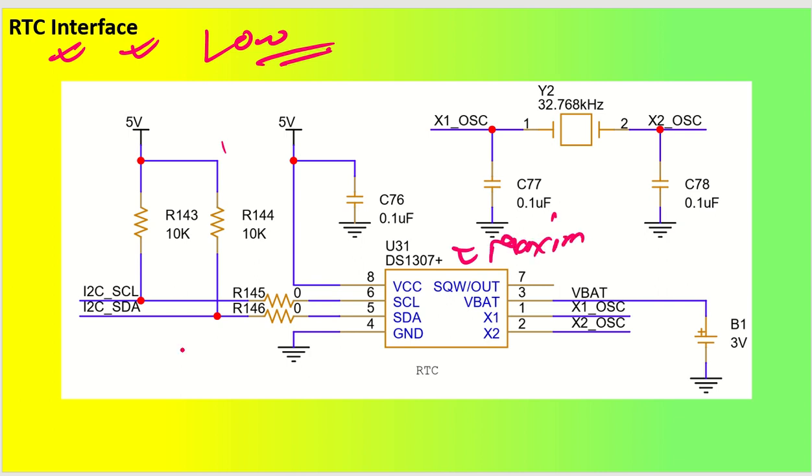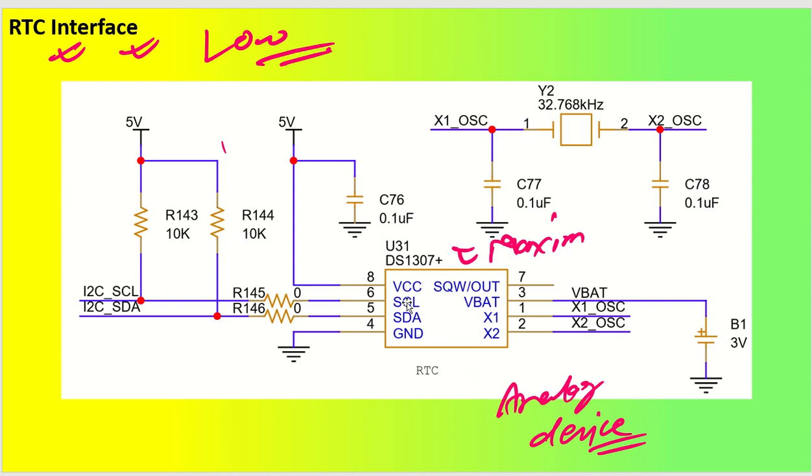Maxim Integrated is actually a part of Analog Devices, which is one of the best companies with very good IC manufacturing capabilities in different sectors. Maxim Integrated as well as Linear Technology are both very good companies, and that's how they have been acquired by Analog Devices.